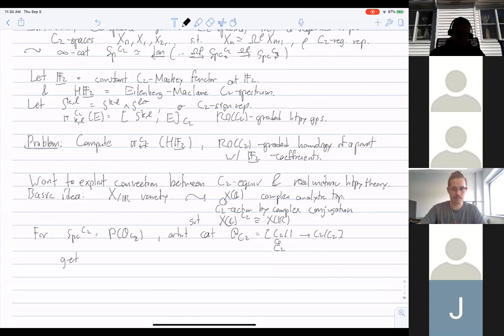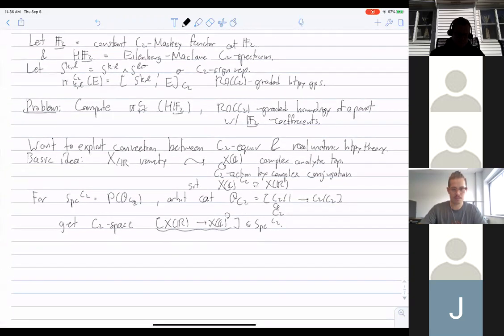And I get, as a C2 space in that sense, X(R) to X(C) with the C2 action. Since it's a presheaf, I flip the arrows. Well, by this C2 space, I'll actually just denote it by X(C), leaving the C2 fixed points implicit.